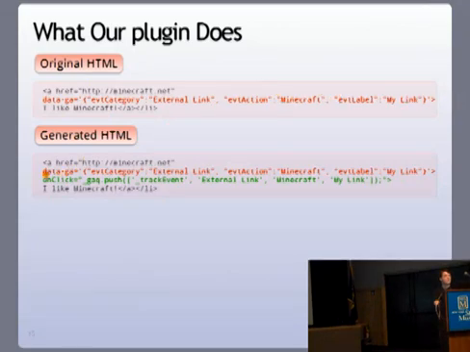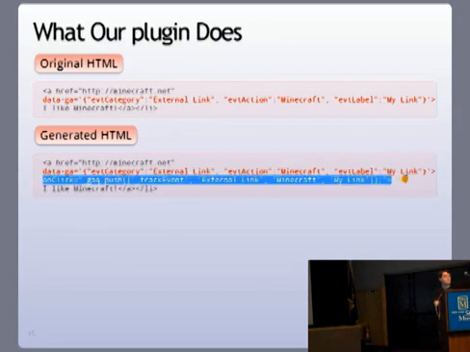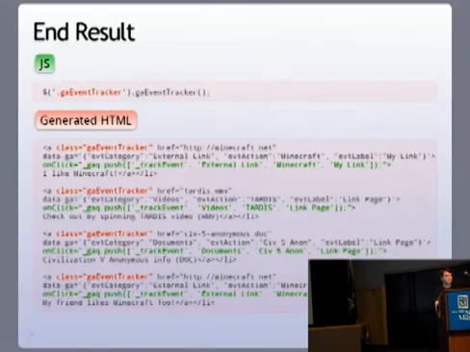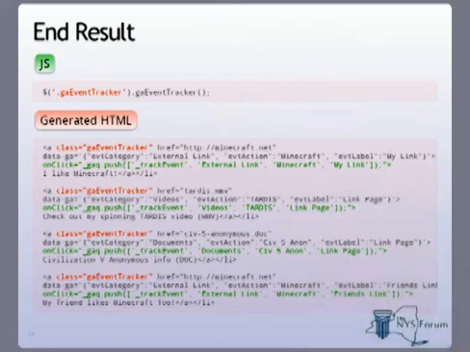So I'm sending to Google track event, external link, Minecraft, my link. Those are the three things that I send to Google. We don't have to know what Google does with that. We just know that it works. When we send this to Google, Google goes, all right, I'm going to track this event properly. So our end result, we have four anchor tags that all have a class of GA event tracker.